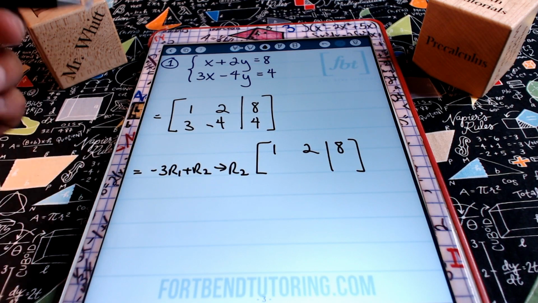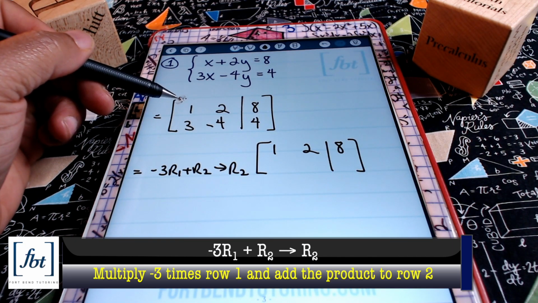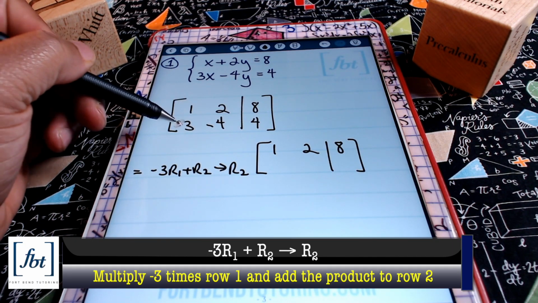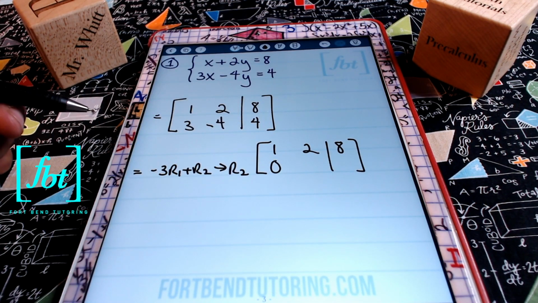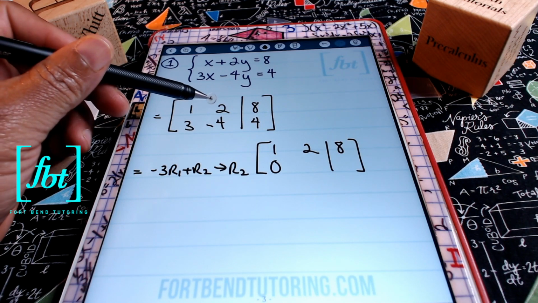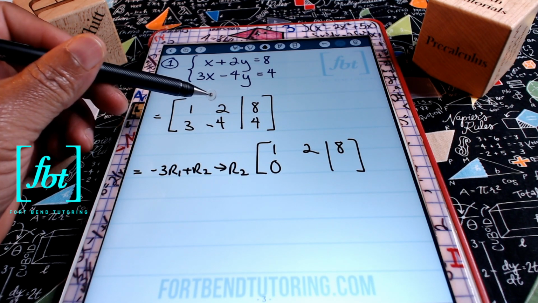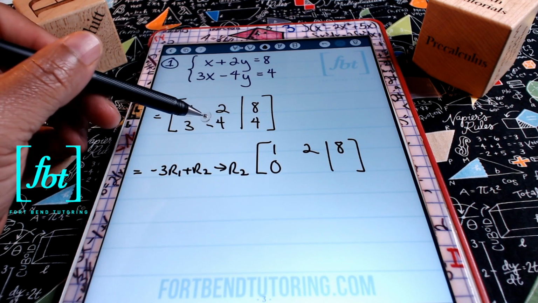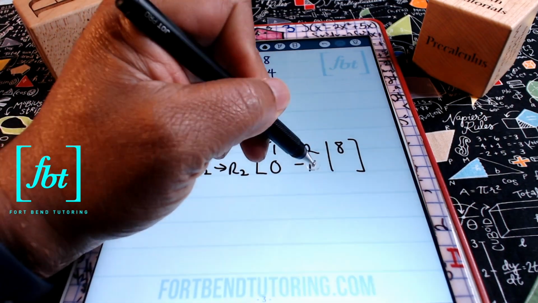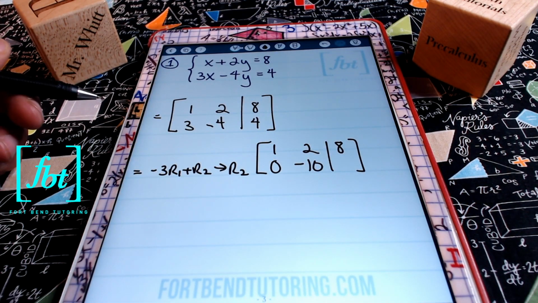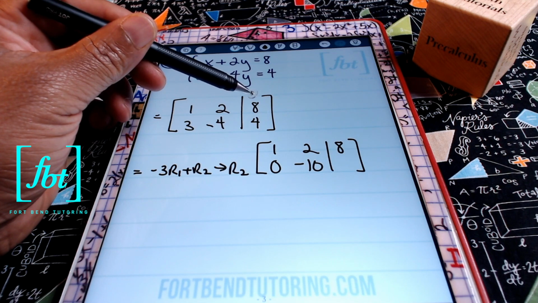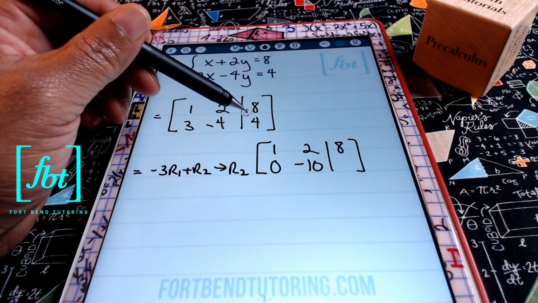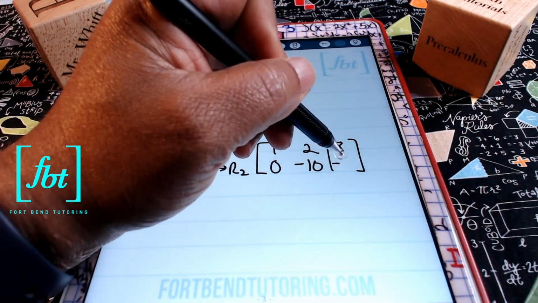Whereas in the second row, after multiplying 1 times -3, you'll get -3. -3 plus 3 gives me 0 for that first element in the second row. Then I'll be multiplying 2 times -3 to get me -6. And then -6 plus -4 gives me -10. And that becomes the second element in the second row. From here, we'll go ahead and multiply -3 times 8 to get -24. Then adding -24 plus 4 gives you -20.